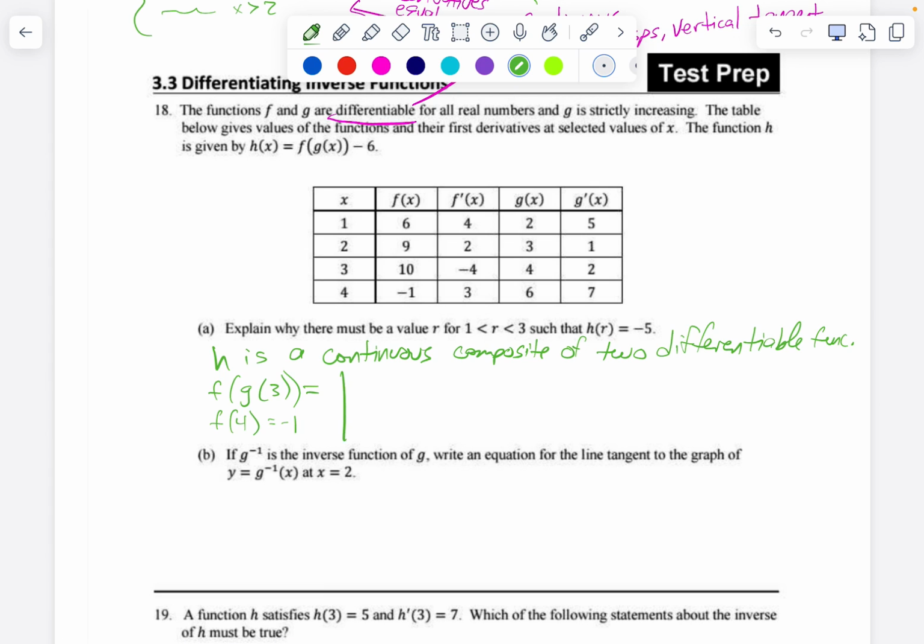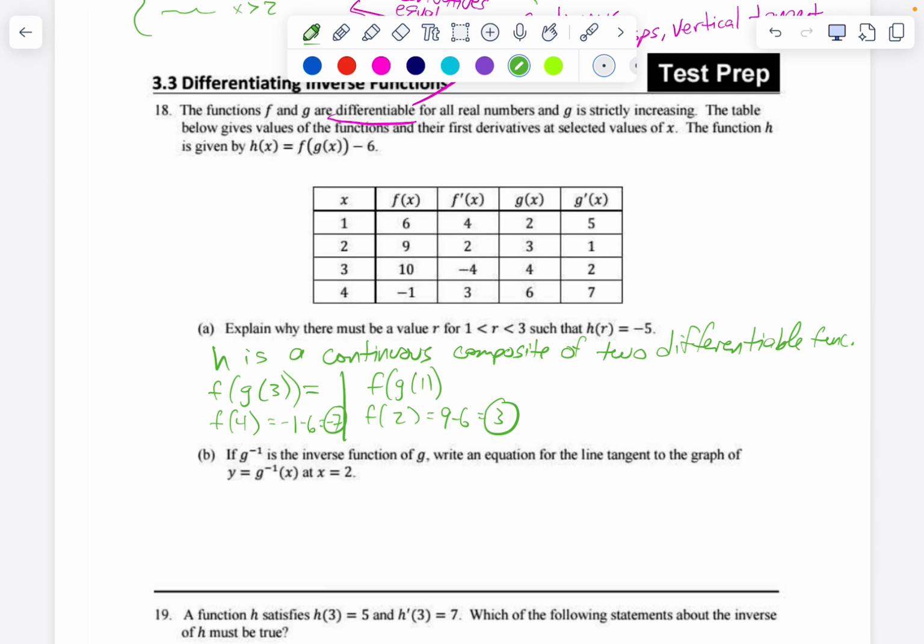Okay, and then let's do f of g of 1. I'm going to go down, actually, which is f of 2, which equals 9. So minus 6 equals negative 7, minus 6 equals 3.